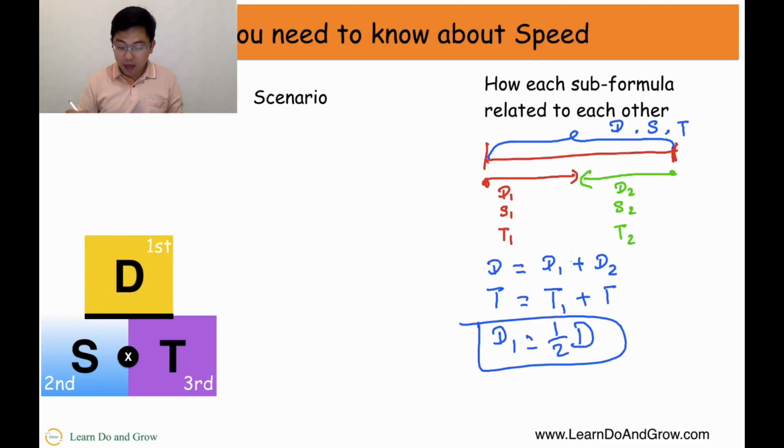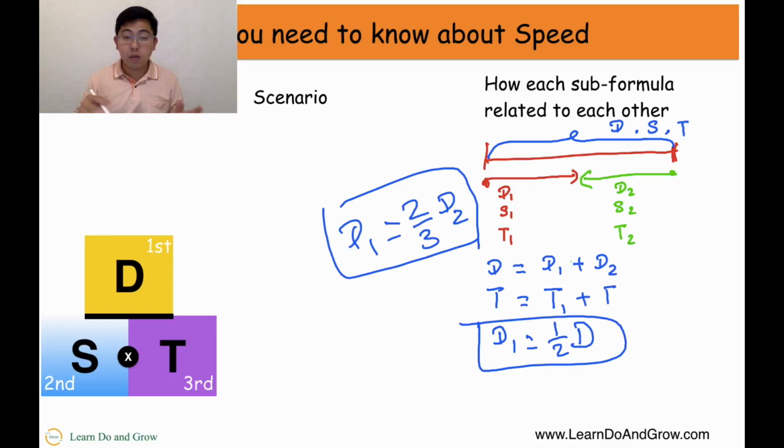So in that case, I will just say D1 equals 2/3 of D2. So some questions will just give you that and expect you to find out by yourself. And in that case, you must be able to link to this kind of sub-formula.